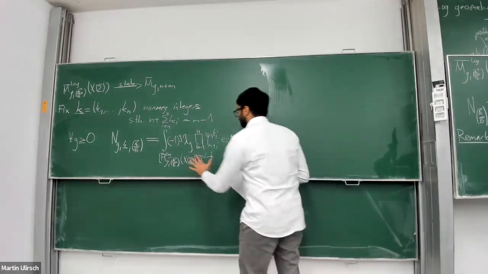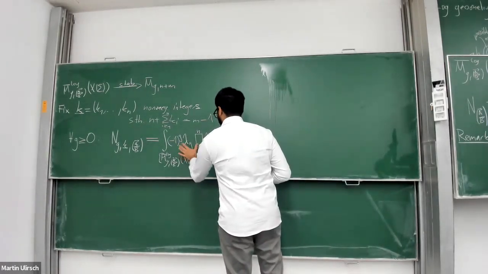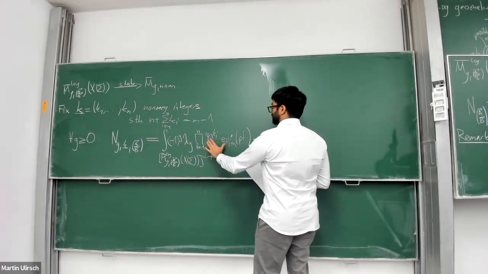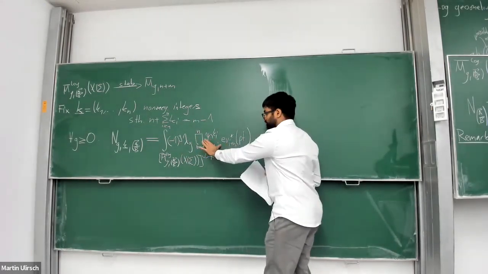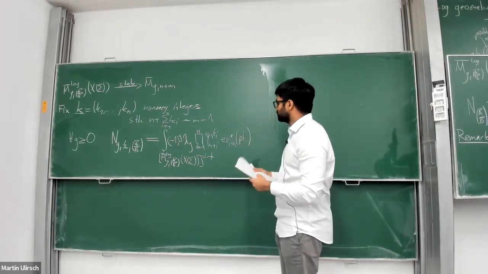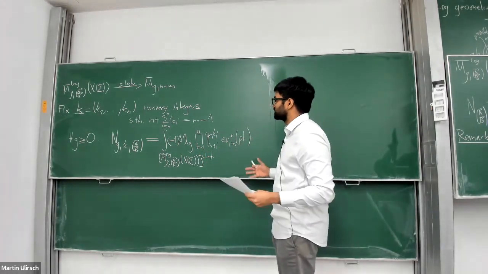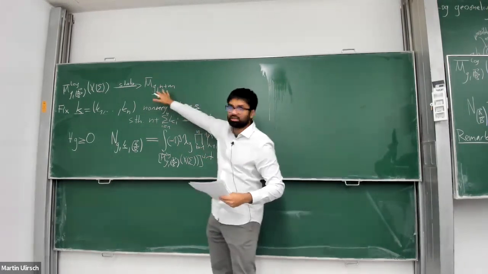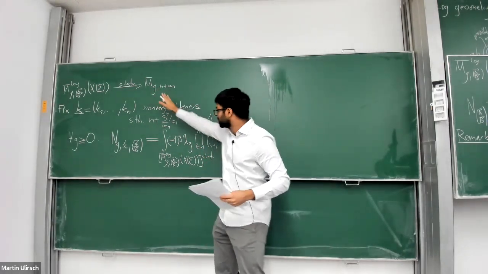As you can see, I've added some interesting classes. So there you can see the psi classes, which appeared in the previous talk. They are Chern classes, the first Chern classes of some natural line bundles on the moduli space of stable curves.